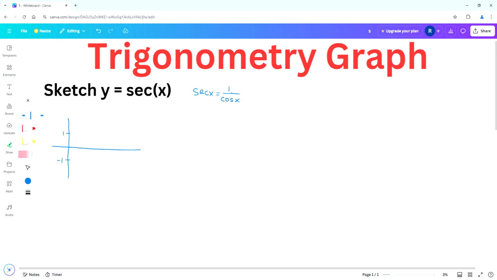We can sketch a full cycle for cos x function from x equals 0 to x equals 2 pi. We can use the key points 0, pi over 2, pi, 3 pi over 2 and 2 pi.